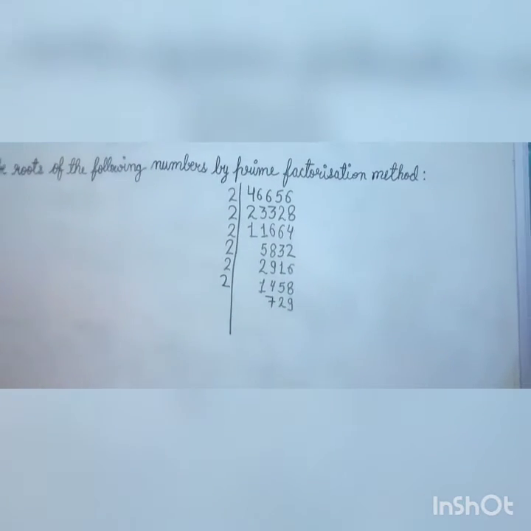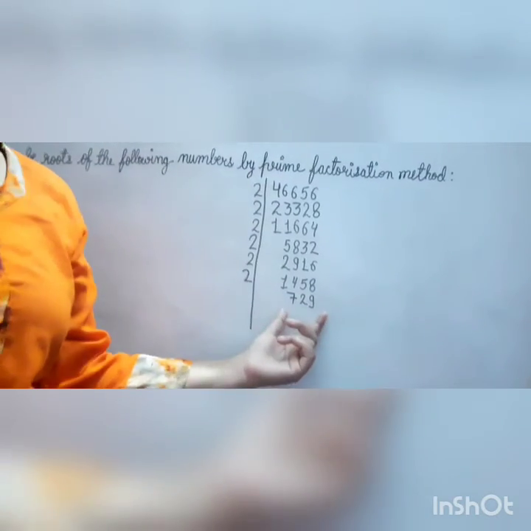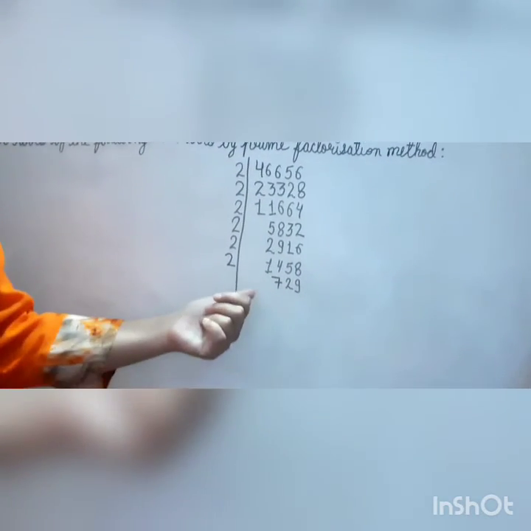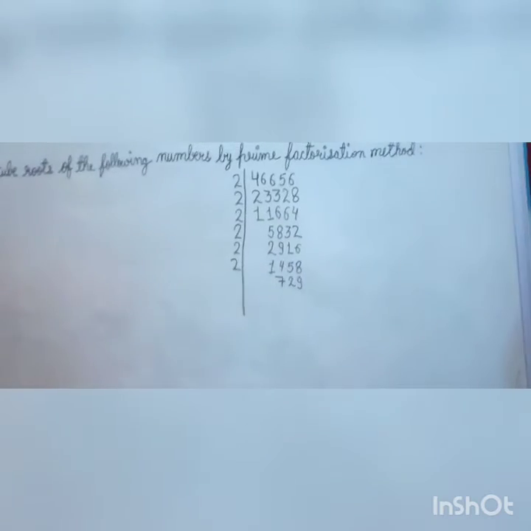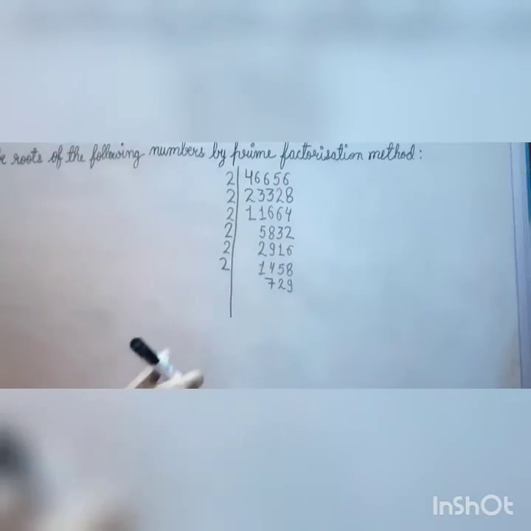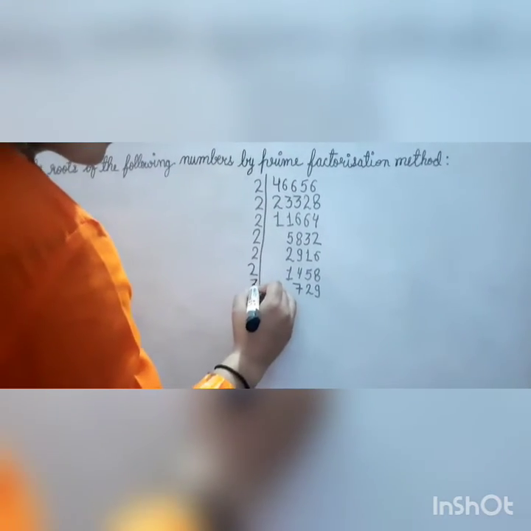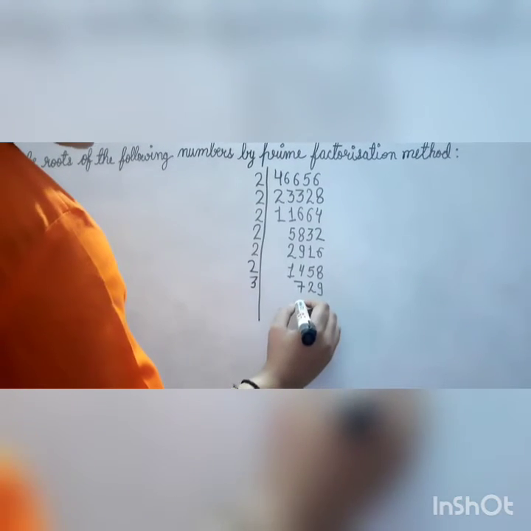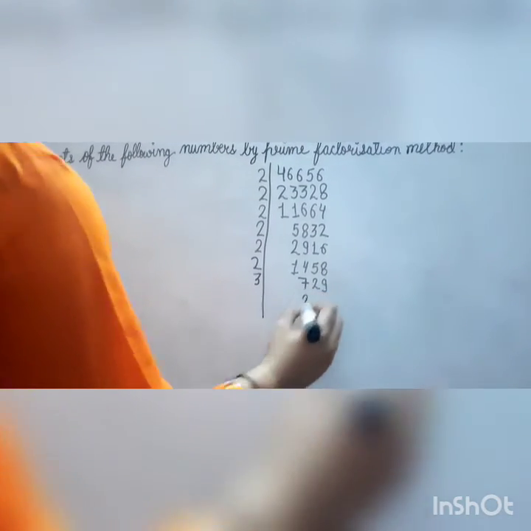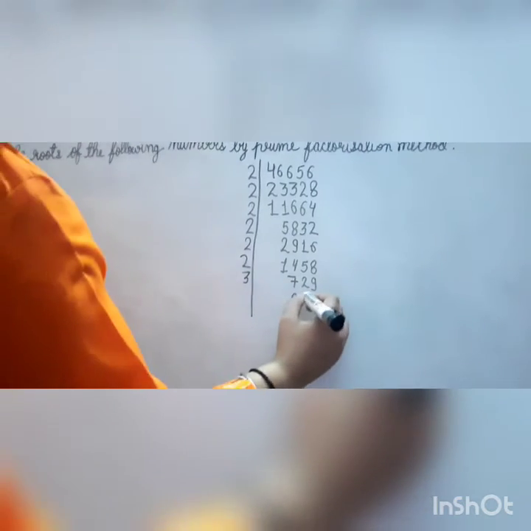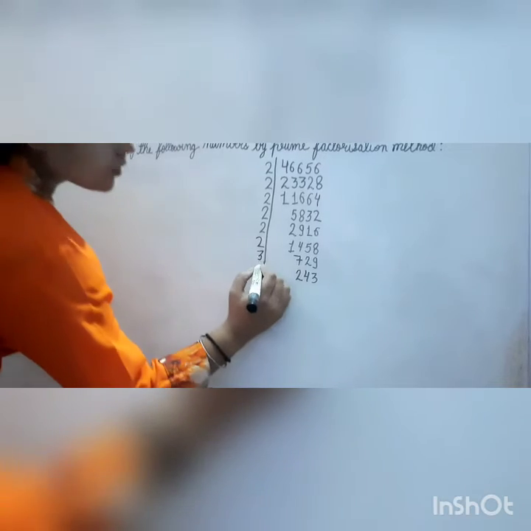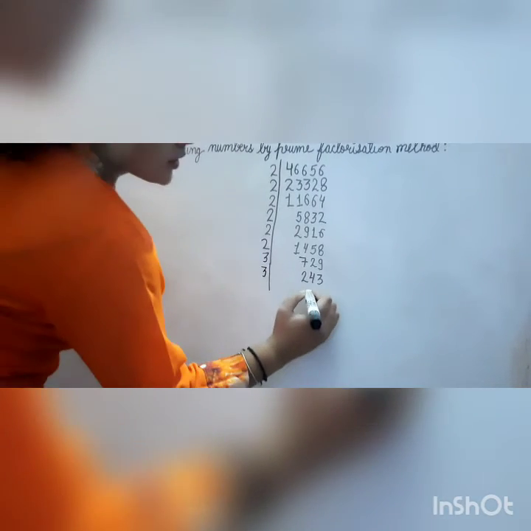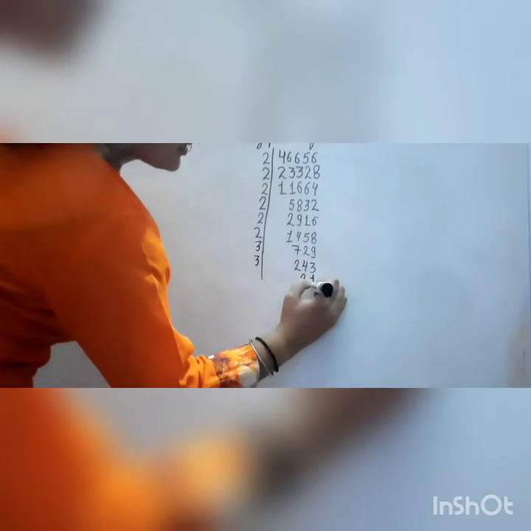Now you can see that this number is an odd number. You can add these digits. 9 plus 2 is 11, 11 plus 7 is 18. You can see that 18 comes in the table of 3. You will divide it by 3. 3 twos are 6, 3 fours are 12, 3 threes are 9. Again 3, 3 eights are 24, 3 ones are 3.